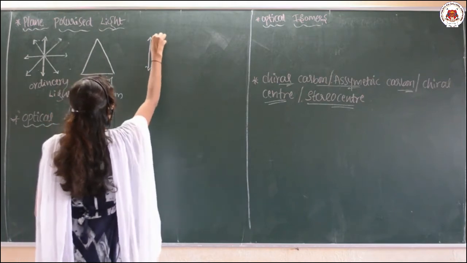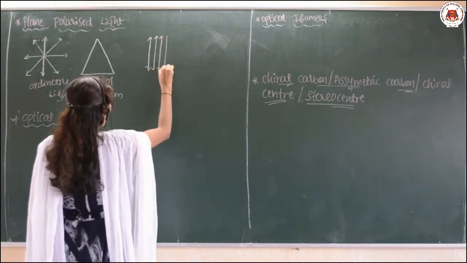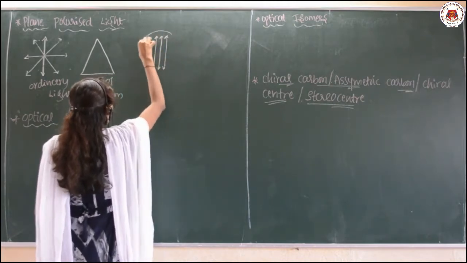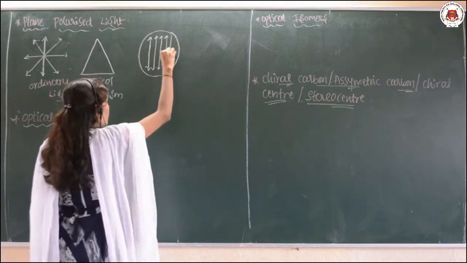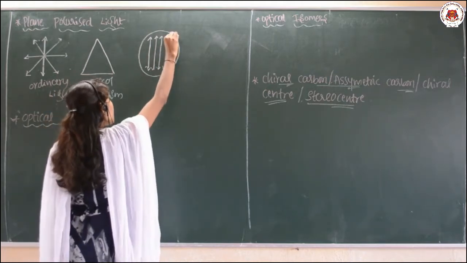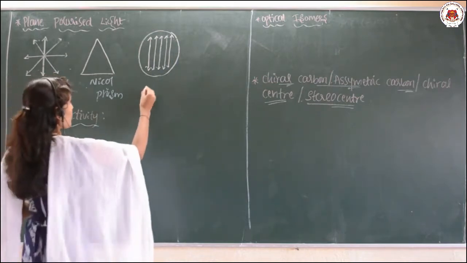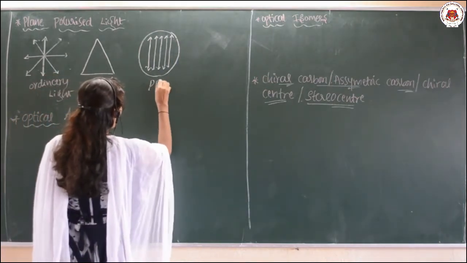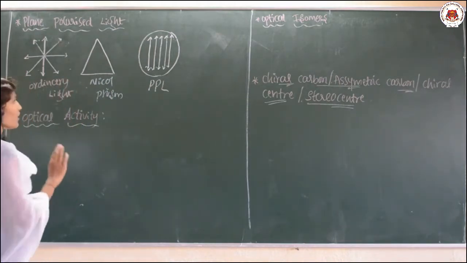It means the vibrations of this light are confined to a plane like this. Okay, to one plane the vibrations are confined. Such a light is nothing but plane polarized light. This is what we call plane polarized light.